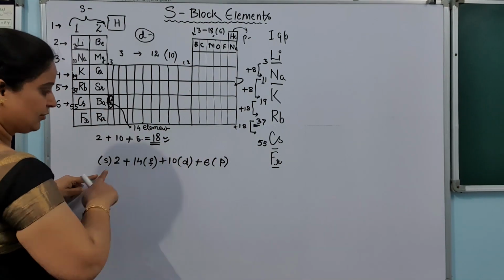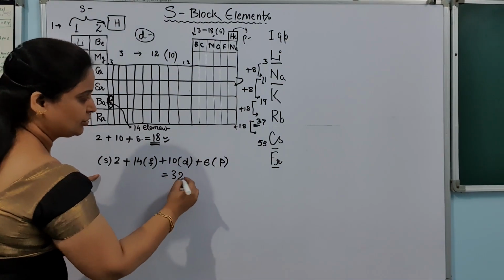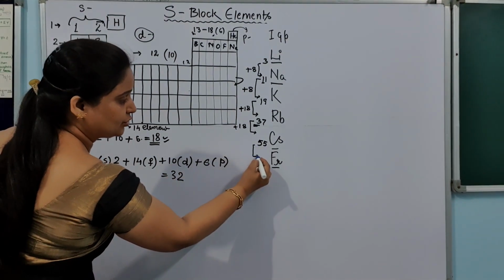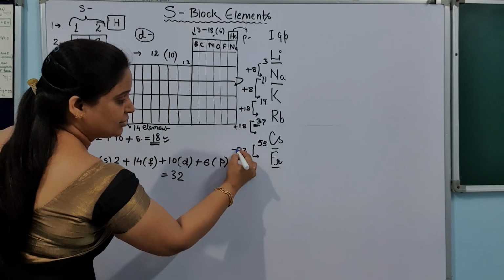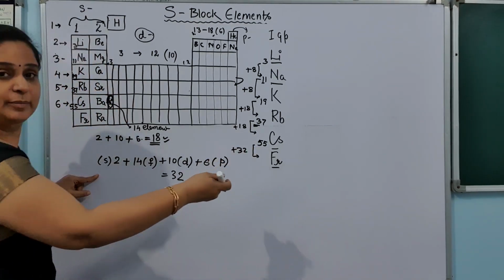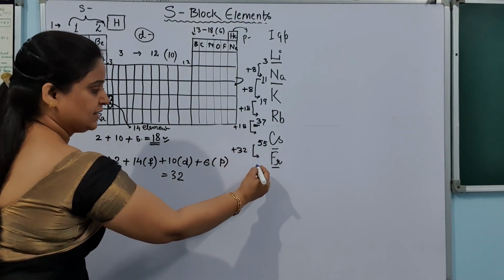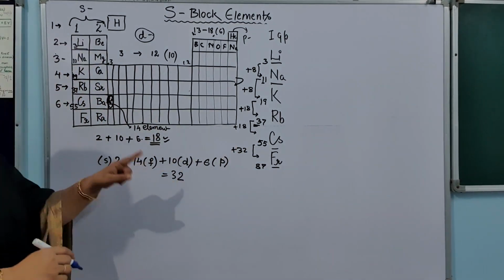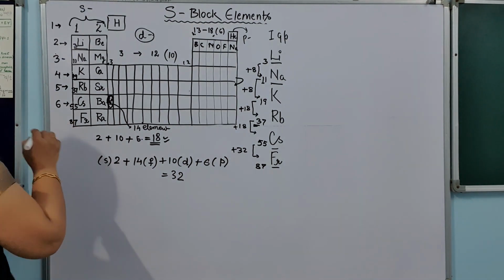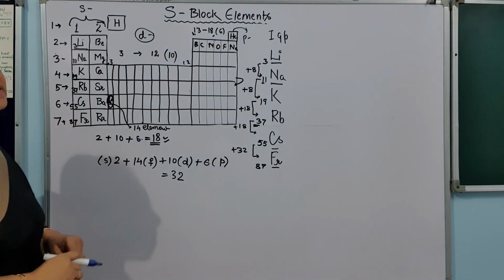Okay, so the total of these is 32. That means I have to add 32 to 55 to get the atomic number of francium. So 32 plus 55 becomes 87. So this 87 is the atomic number of francium, and we are now in the 7th period.